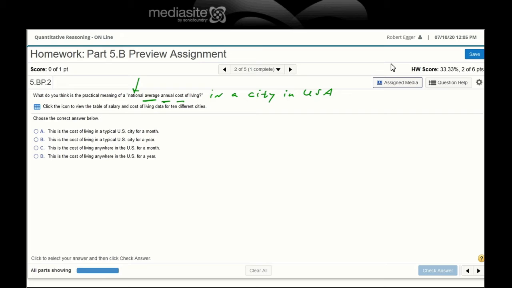So which of these apply? This is the cost of living in a typical U.S. city for a month. Okay, it's not month. This is the cost of living in a typical U.S. city for a year. Possibly. This is the cost of living anywhere in the U.S. for a year. No, because anywhere in the USA has different costs.